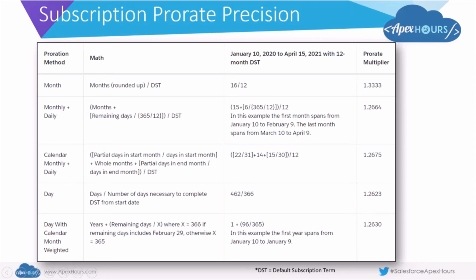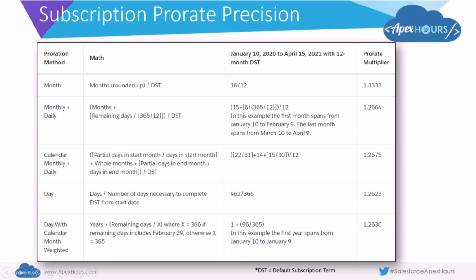Note here that the example here refers to a subscription which has a start date of January 10th, 2020 and an end date of April 15th, 2021. Now that means it started somewhere in the middle of the month on Jan 10th. It spans more than a year.